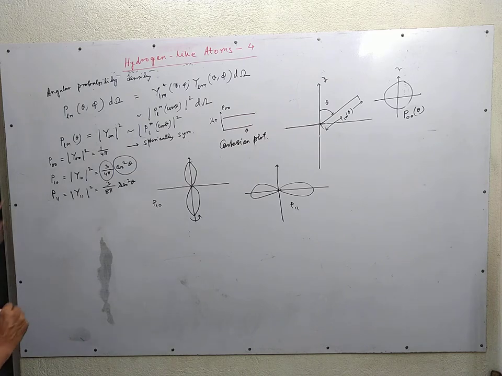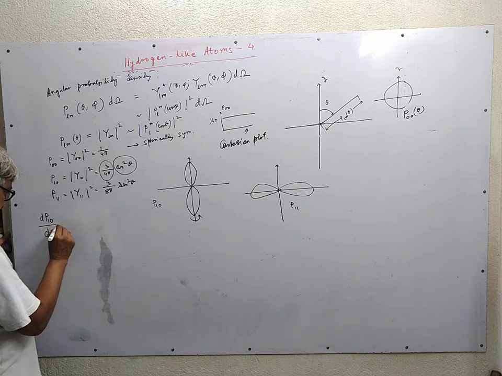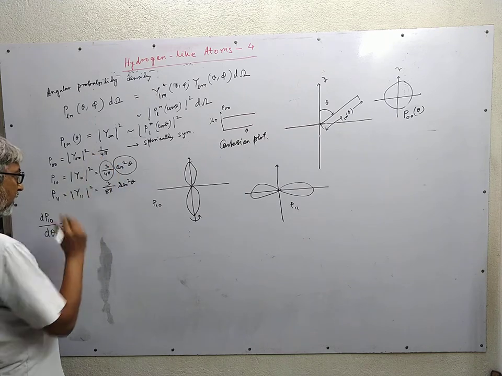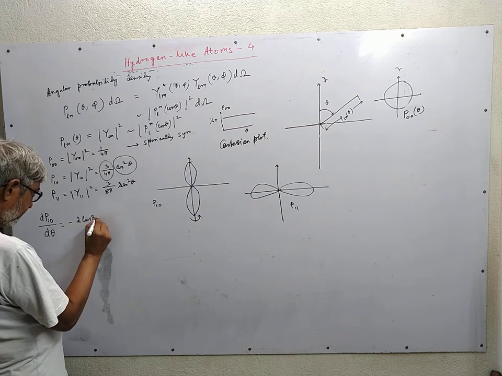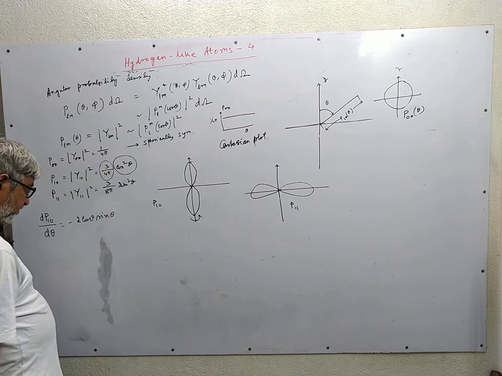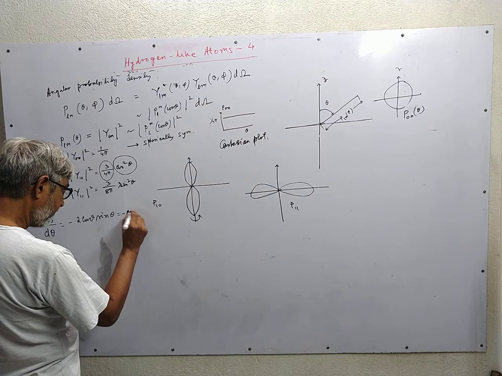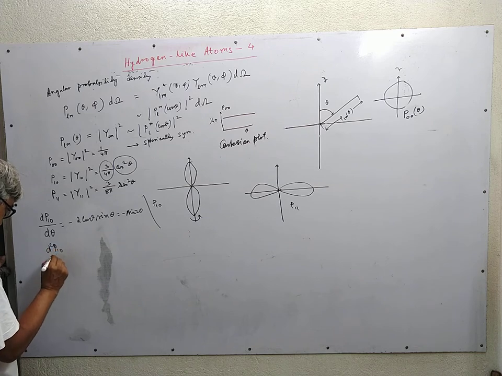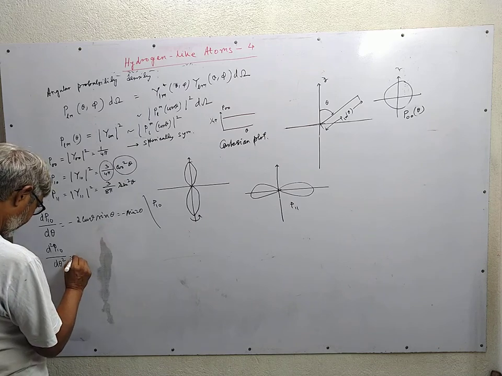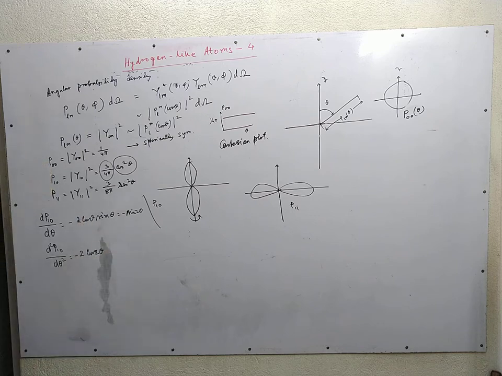If we differentiate dP10/d theta, apart from this part, we get sin theta and cos of 2 theta.